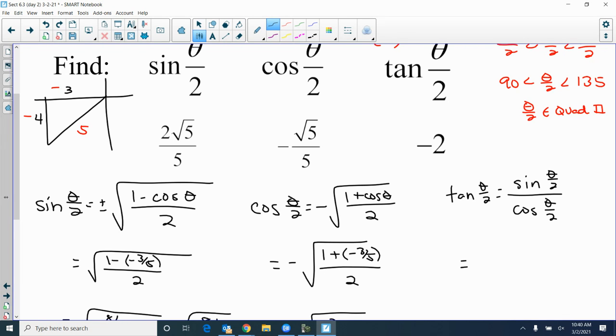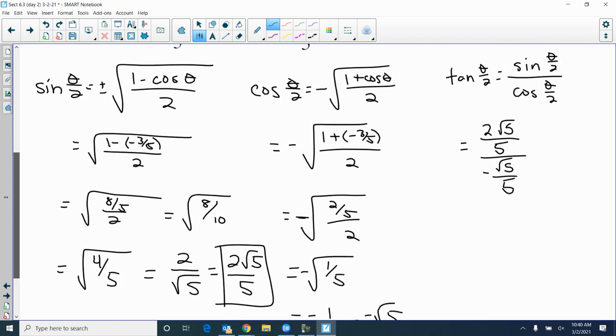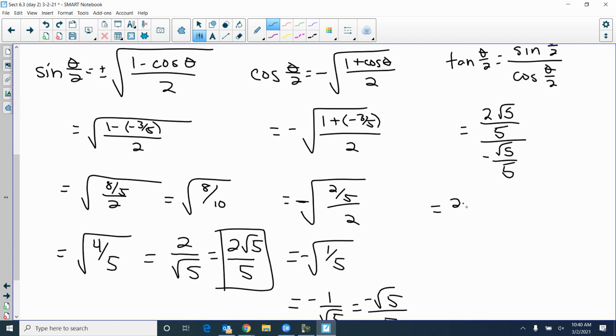And so what do we get there? That's 2 square root of 5 over 5 divided by negative square root of 5 over 5. And so that gives me 2 radical 5 over 5 times negative 5 over square root of 5.